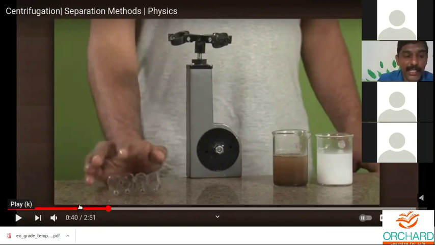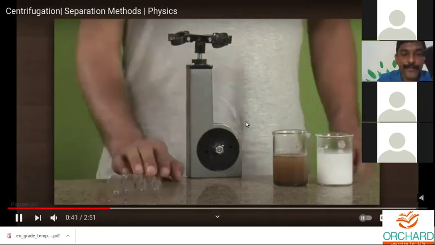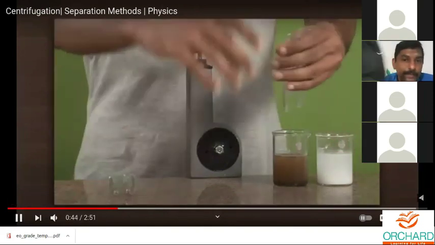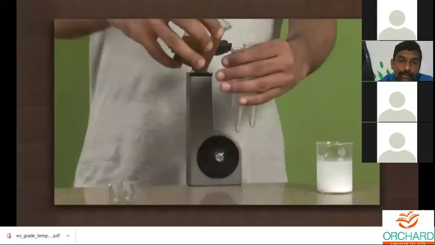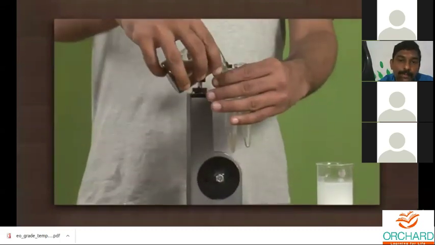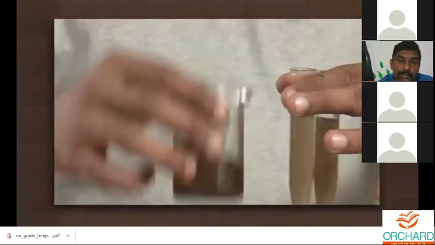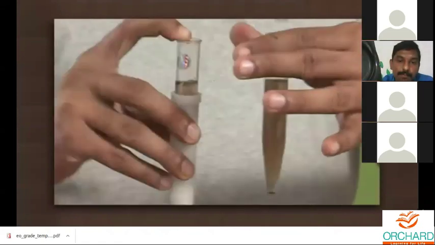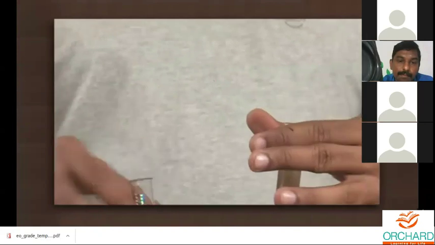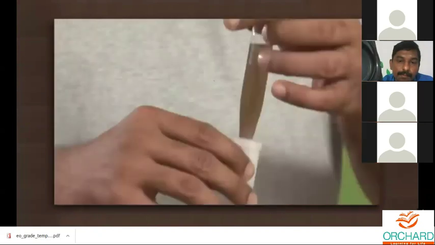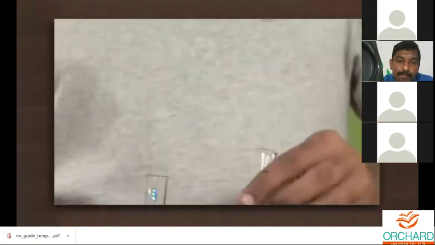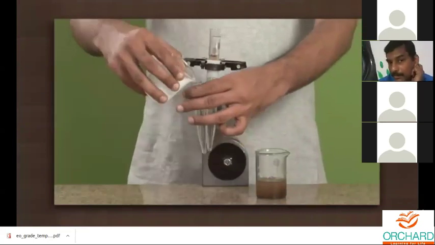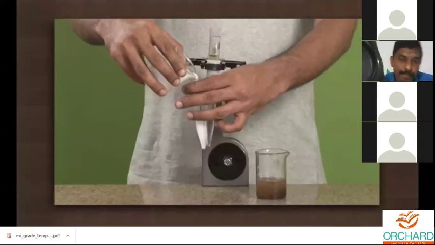Please observe carefully. Take 4 centrifuge test tubes. Take the sample of muddy water and place the test tubes in the centrifuge machine. Now take the calcium hydroxide mixture in the test tubes and also place them in the centrifuge machine.